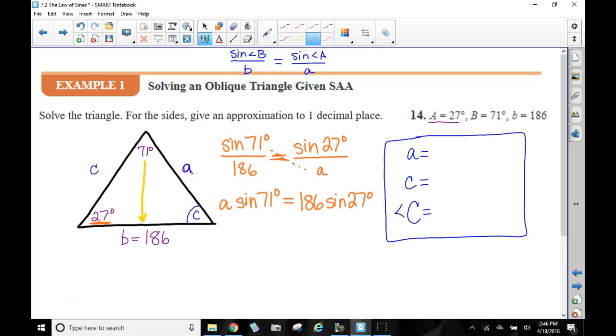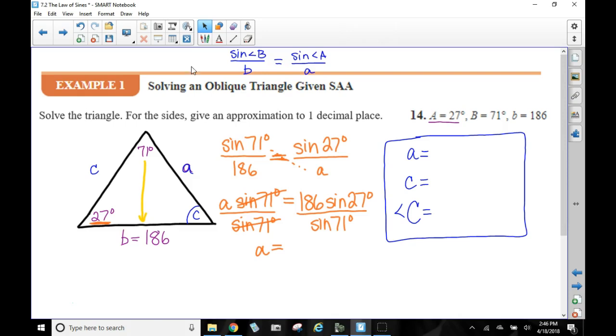Now, before we go punch stuff in, let's solve for what we're trying to find, which is side A. I'm going to divide both sides by the sine of 71 degrees. And so A is going to be equal to 186 times the sine of 27, divided by the sine of 71 degrees.